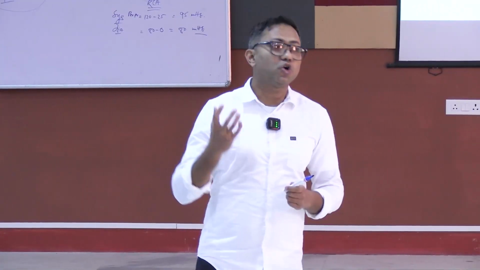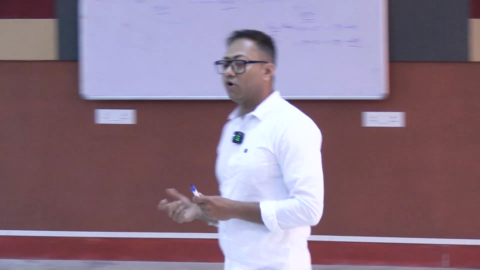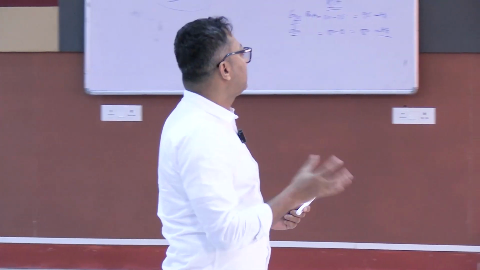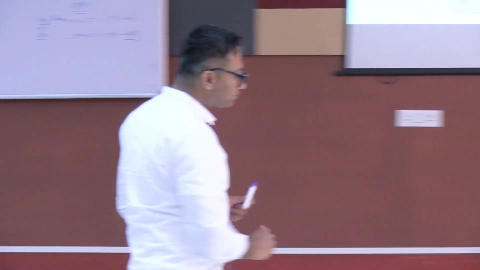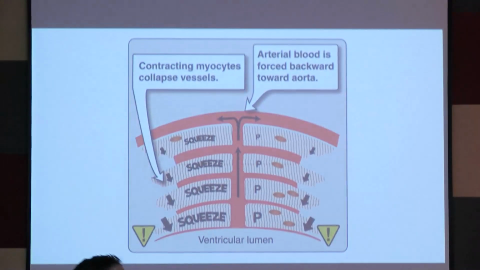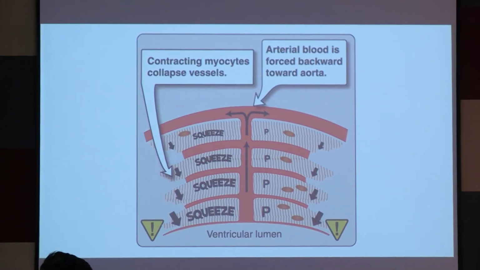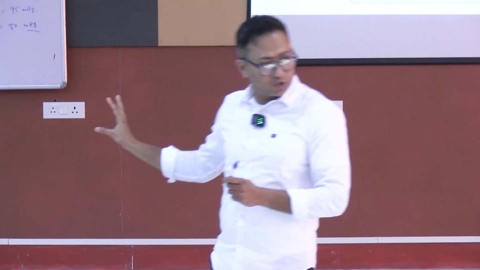We call it auto-regulation. Okay, auto-regulation is there in cerebral circulation, auto-regulation is here in cardiac circulation, auto-regulation is also there in renal circulation. Okay, but here in heart we have very prominent auto-regulation that resists this deleterious effect on heart.